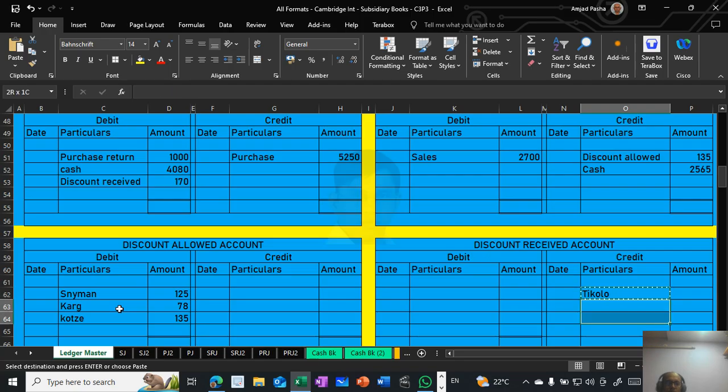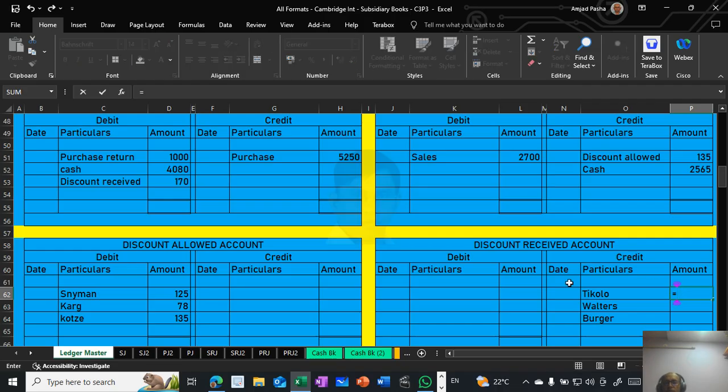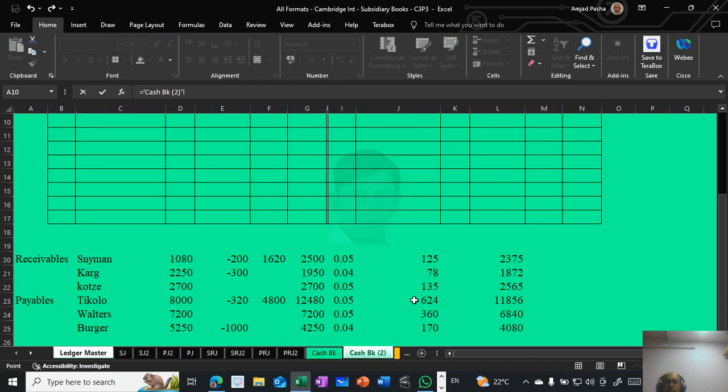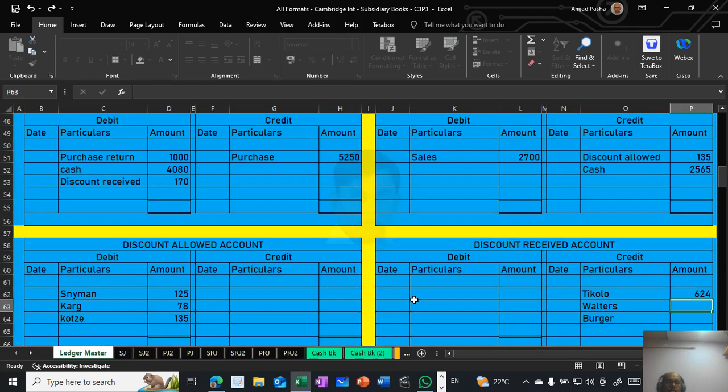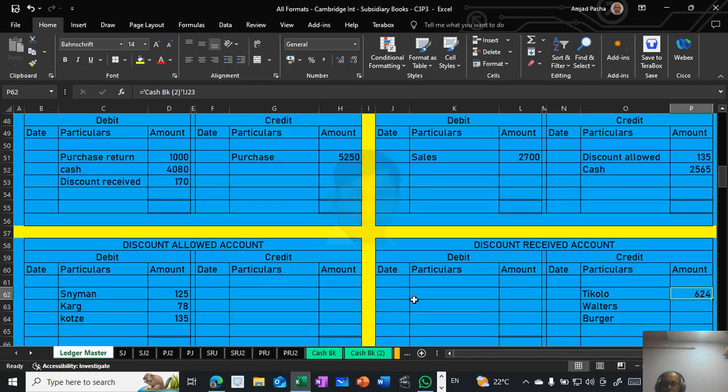So we have received discount from them. So the amount is this, this, and this.